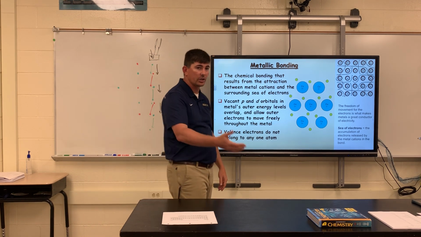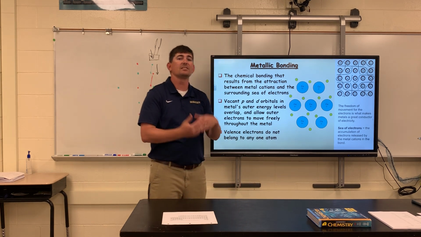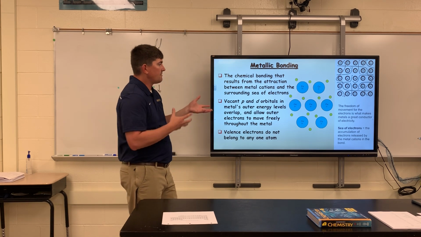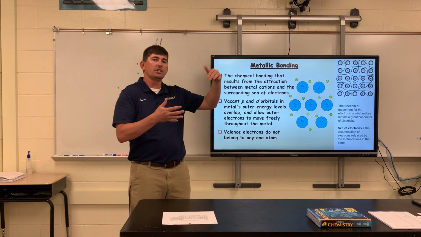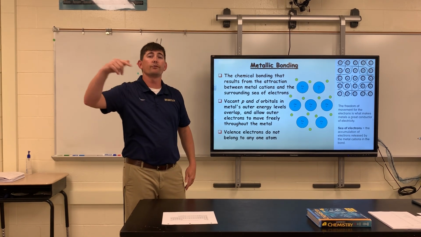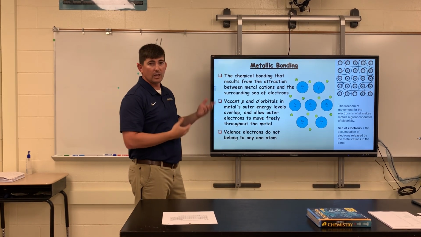If something is a poor conductor of heat and electricity, it doesn't allow the energy to flow through it. Metals have this special ability because these electrons are free to move from one end to the other.